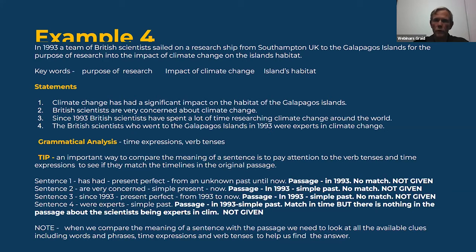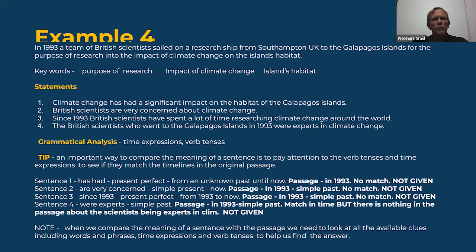It's nearly 30 years. Whereas, once again, in the passage, it simply refers to in 1993. So that's a time in the past. So again, we have no match, and the answer is not given. So again, it may be true. We don't know. Quite possibly could be true, but looking just at the passage, we are going to say it's not given.